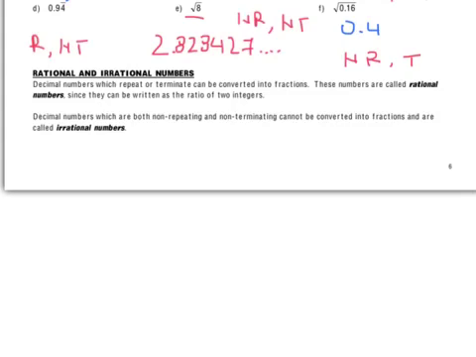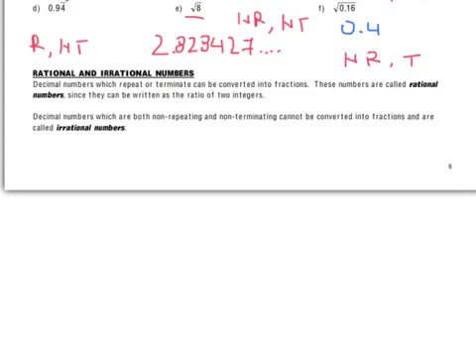So again, we're looking at terminating or repeating, and those can be written into fractions, and those are called rational numbers because they can be written as a ratio of two integers, such as 4 over 5 or 7 over 9, whatever the case is.